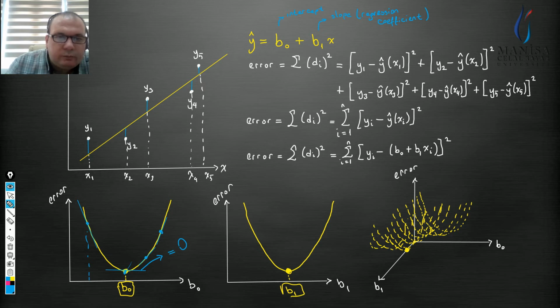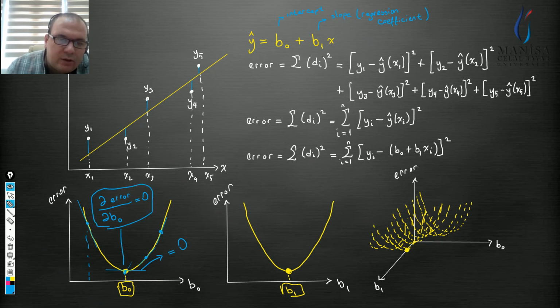So we will have this equation, with our error derivative equal to 0. And for this equation, we are going to find this point, where our tangent equals 0. And for b1, we will do the same thing.